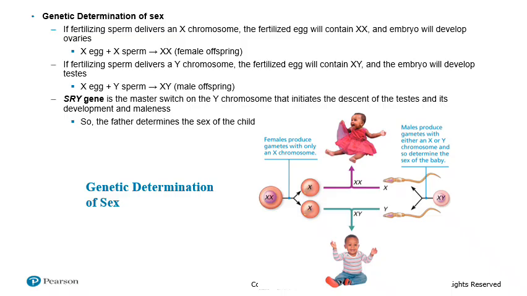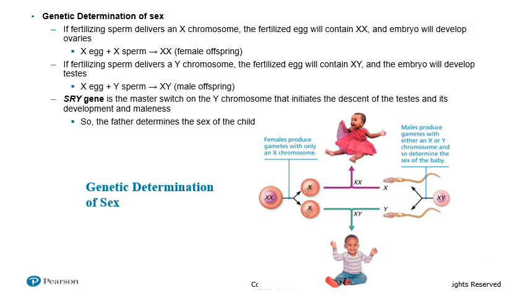So pretty much the reason why the male will have their testes outside of their body cavity is because of the gene which we call the SRY gene. The SRY gene is a master switch located on the Y chromosome and pretty much initiates the descent of the testes and also initiates the development and the maleness of the fetus.